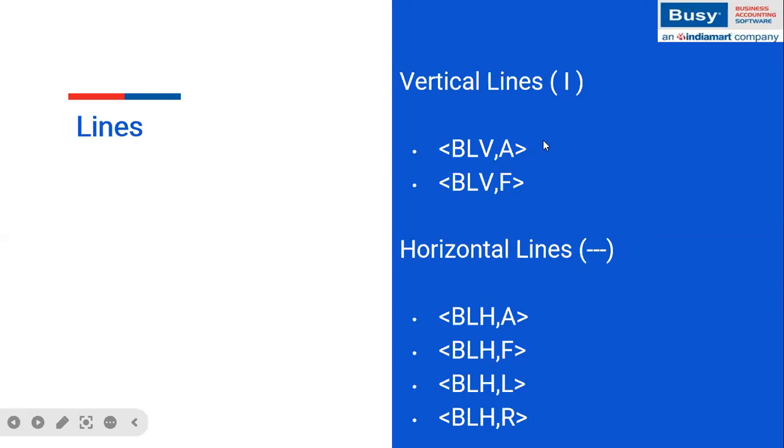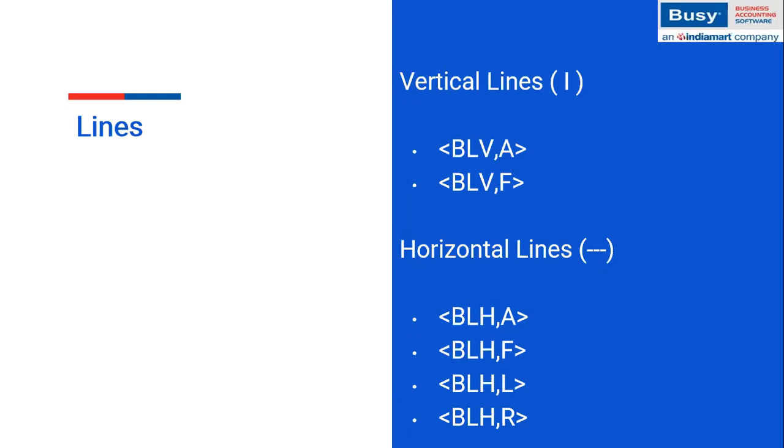If you call BLVA, BL is the field, V means vertical line, and A means till text. If I call ABC in a single line, it will print the line till the text only. After that, it will blank the line.